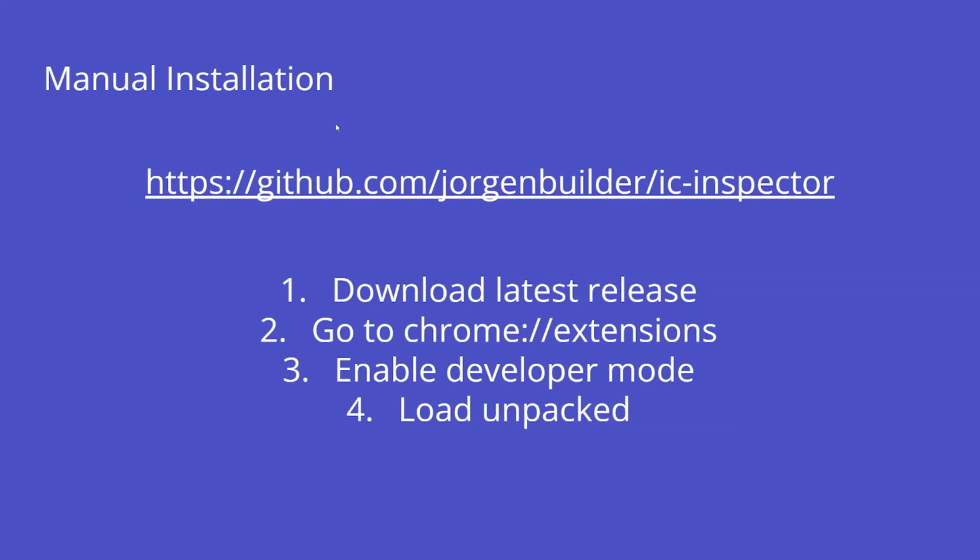You might want to do a manual installation in the case that there's a new feature being released in IC Inspector, and you don't want to wait a couple of days for the Chrome Web Store to approve those changes. Or if you wanted to fork it and add some of your own features, you can go through basically these same steps.